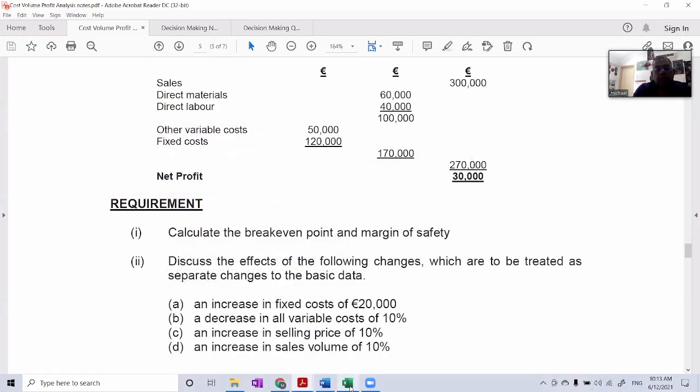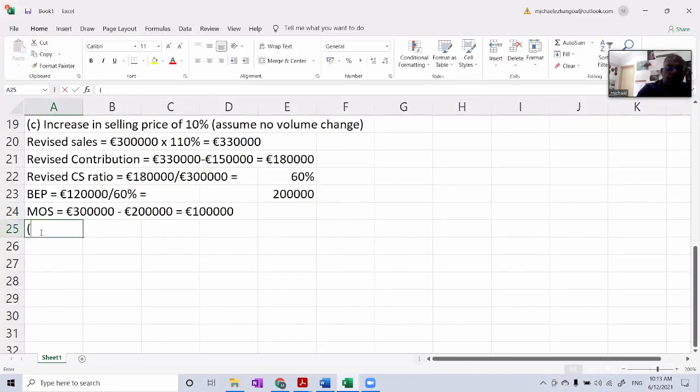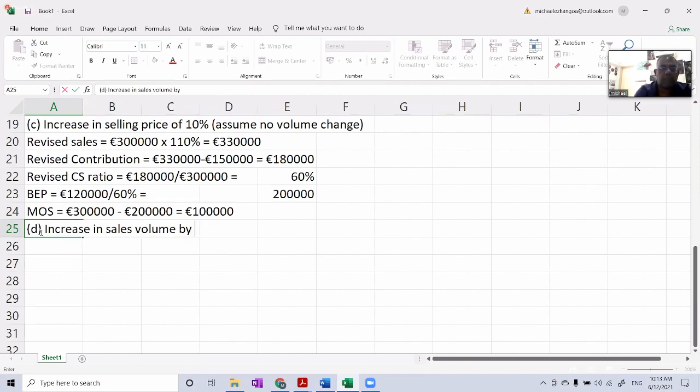And the last one, increase in sales volume of 10%. Now listen, if your actual sales volume increases by 10%, that means no change in CS ratio and fixed cost.